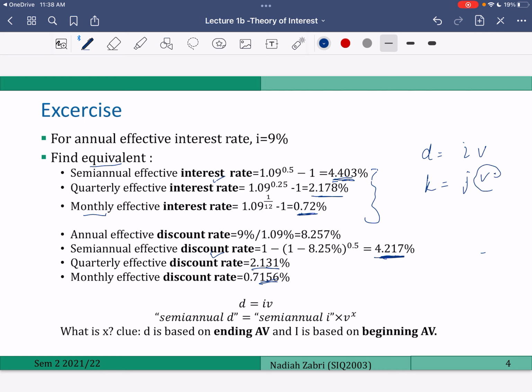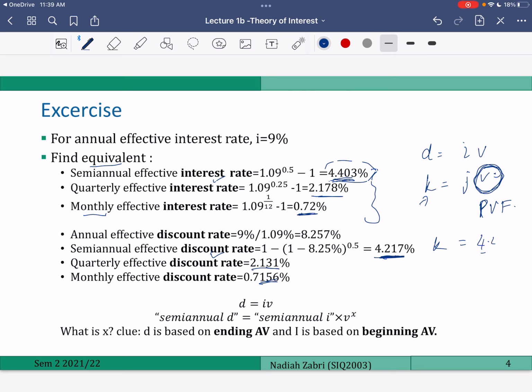Right, but you have to be careful with the discounting factor. V is the discounting factor, right? Present value factor. So the V has to be suitable for the period that we are dealing with. So for the semi-annual K, your present value factor has to be the semi-annual present value factor. So for the semi-annual case, K is going to be J. The J for the semi-annual is 4.403%, right?